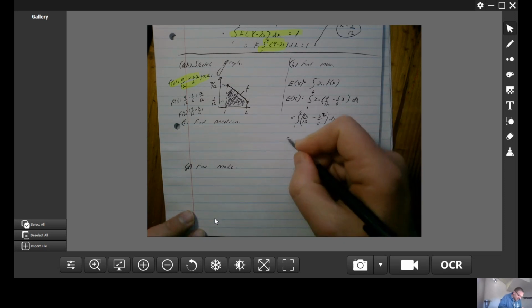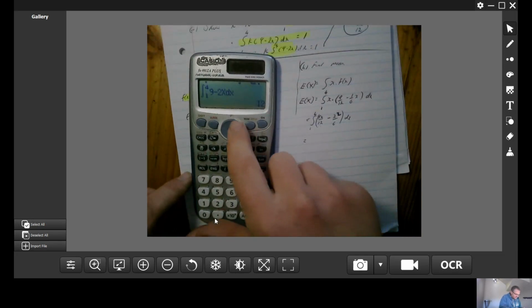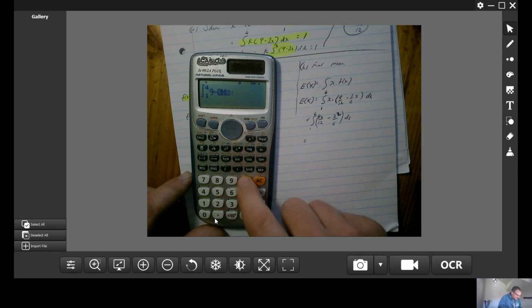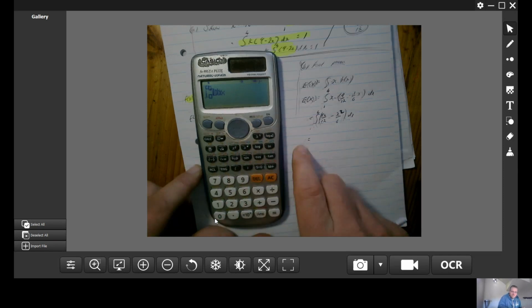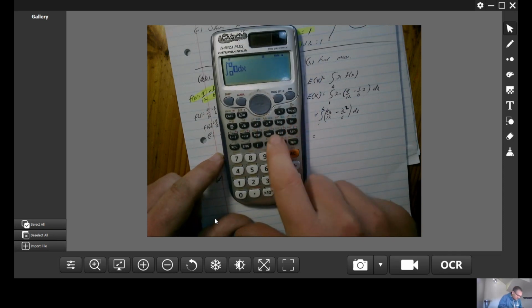It's a definite integral, so I can use my calculator. So I go the integral between 1 and 4, times it by x. So it's the integral of 9x over 12.